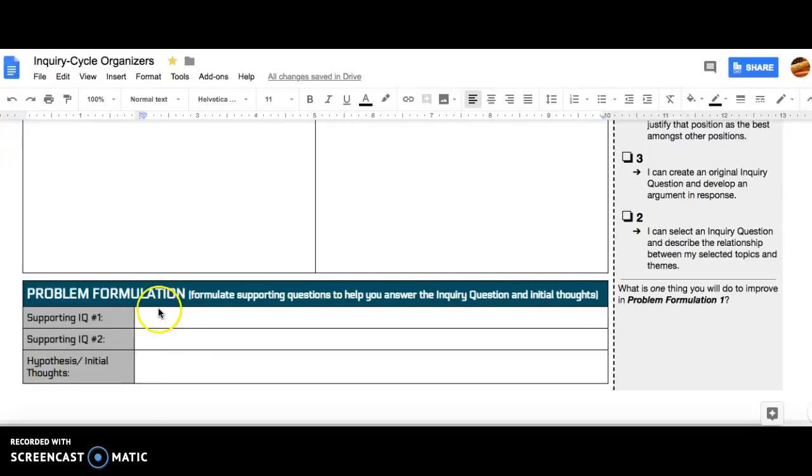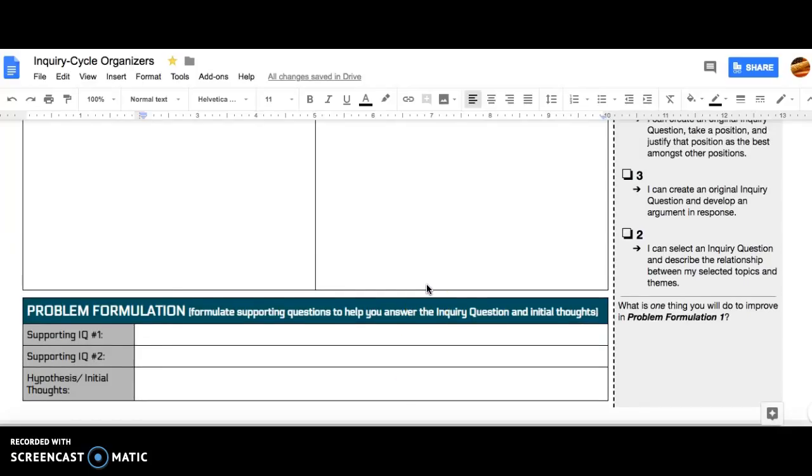But it's important to have supporting inquiry questions that are formulated by you, so that as you're researching, you could think back to those questions. After you've written your supporting questions, you then jot down any initial thoughts or hypothesis that you have regarding the question, what you initially think your answer is, and hopefully as a result of your research, those initial thoughts might change, maybe slightly, maybe drastically.